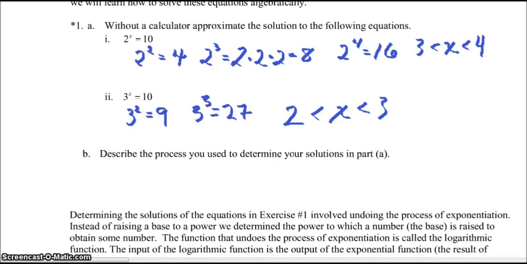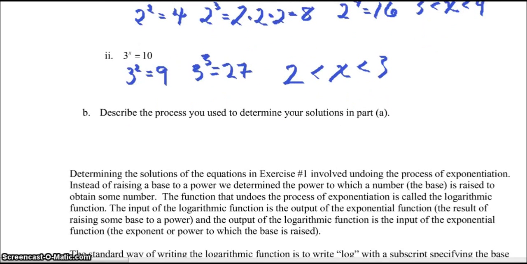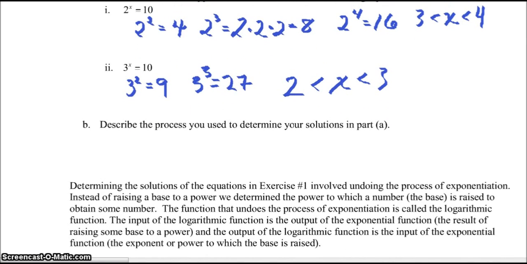So we already had the output, say this problem was 10, and we want to know what would be the input. The function that undoes the process of exponentiation is called the logarithmic function. The input of the logarithmic function is the output of the exponential function, the result of raising some base to a power.